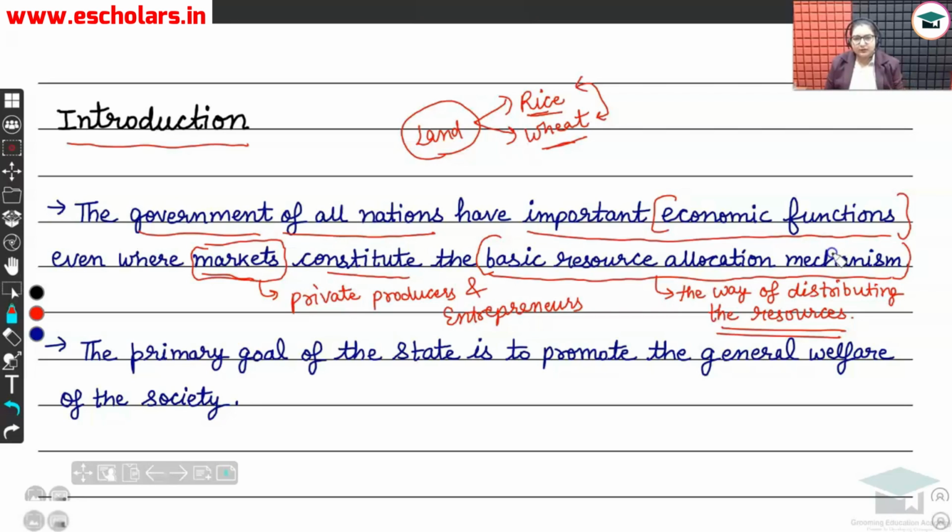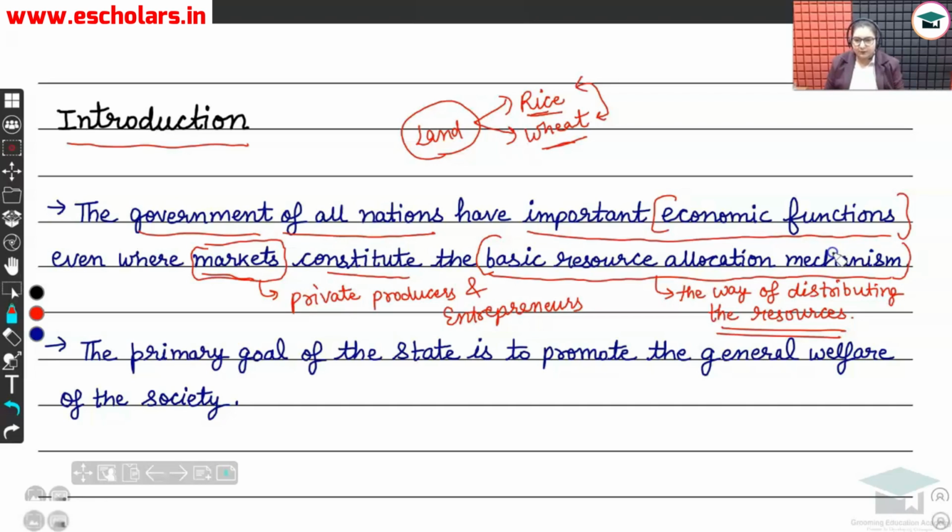It is not so. The government and the private sector together do the economic functions in order to carry out the smooth functioning of the economy and also constitute the basic resource allocation mechanism. Okay, in other words, the basic resource allocation mechanism is performed by the government as well as the private producers and entrepreneurs.